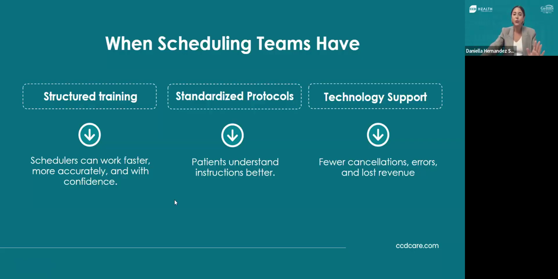So we talked about the principles, right? Now we want to show you what this actually looks like during a real scheduling interaction. For that, we have one of our specialists, Yolanda, who will walk us through a live example of a complex and, again, very difficult patient scheduling call involving a gastro procedure. As you hear the call, let's pay attention to these four things.